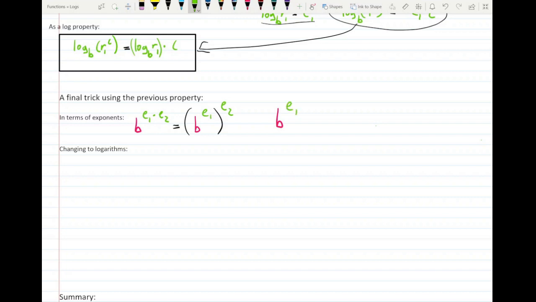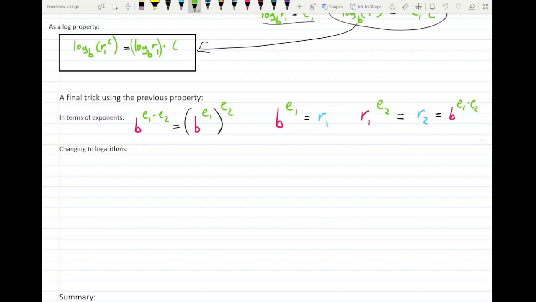We'll have b to the power of e1 is equal to result 1 as before. And we're going to say that r1 to the power of e2, notice that I've used red for r1 here to indicate that we're now treating it as a base, we'll call the result of this exponentiation r2. And note that this is equal to the result of our left-hand exponentiation, or b to the e1 times e2.